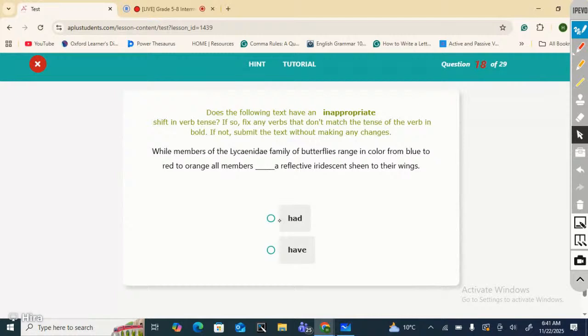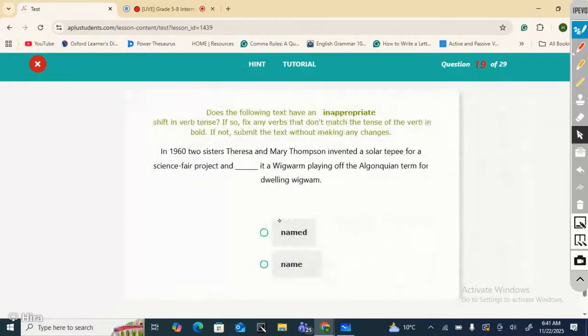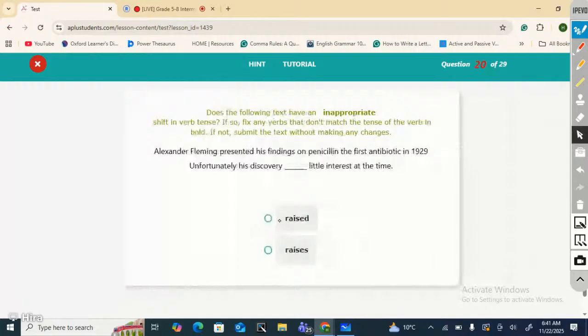Yes. Because the range is the present tense verb. So we require another present tense verb. And see, they range from, all members have a reflective, iridescent sheen to their wings. I am skipping the one which we have already solved.